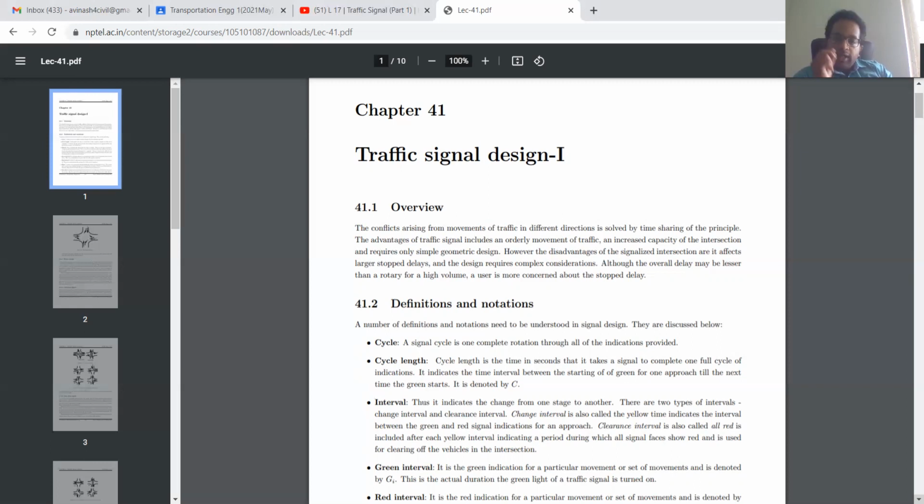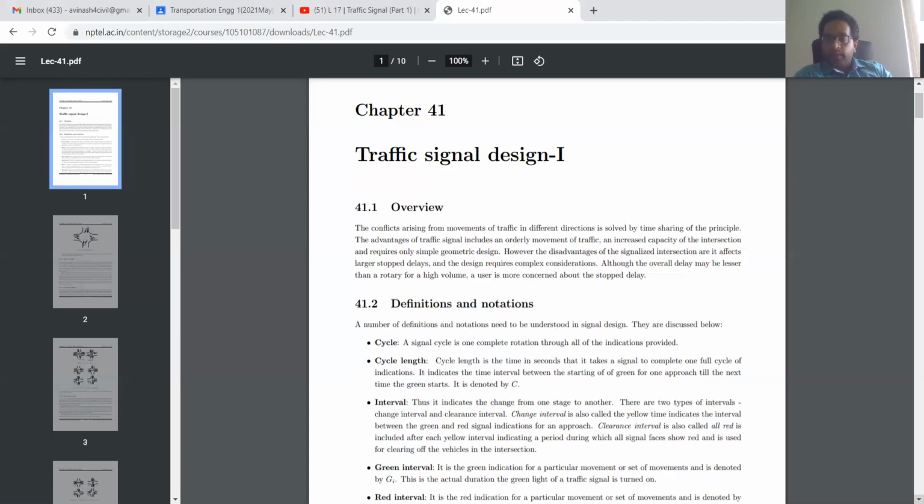Another type of interval is the clearance interval. It is also known as all red, because after each yellow interval, there is a period which indicates that now all the faces will be facing red color, and those vehicles which are already existing at that intersection can clear off, right?